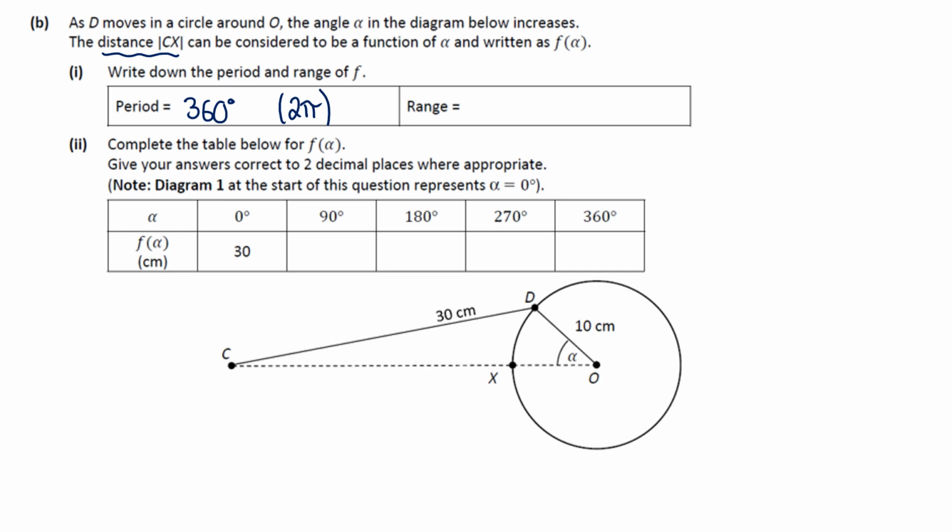We are, so it'll be about 30 centimeters. That's the maximum, the top of the range. And the minimum will appear when D comes all the way over here. So when D is here, the rod has a radius of 10 here and another radius of 10 here, which will mean C will be somewhere here, and that will be another 10. So the minimum value will be 10.